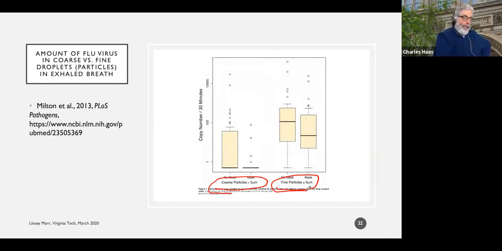And what's clear here, two things. First of all, if we look at this bar versus this bar, which are without a mask, many, many, many more influenza gene copies, and the y-axis here is log scale, were emitted in the fine particle fraction as opposed to the coarse particle fraction.